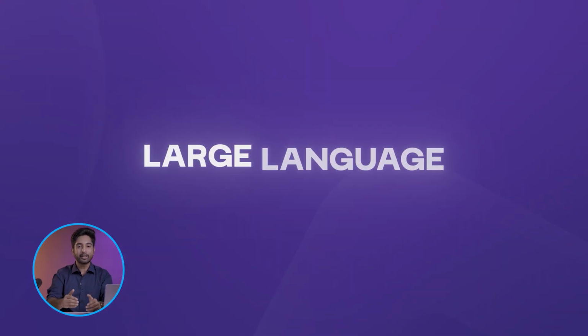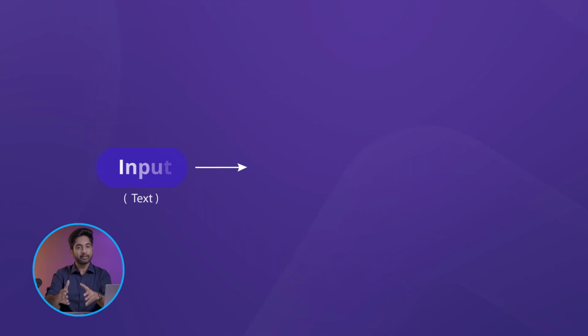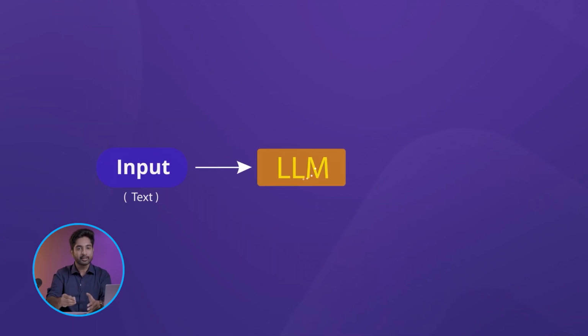So before we start building agents, let's quickly understand what an LLM is. LLMs are nothing but large language models. And a large language model is essentially a program where you give text as an input and you get text as an output. The text that you give as an input, it processes it and it gives you the output text.